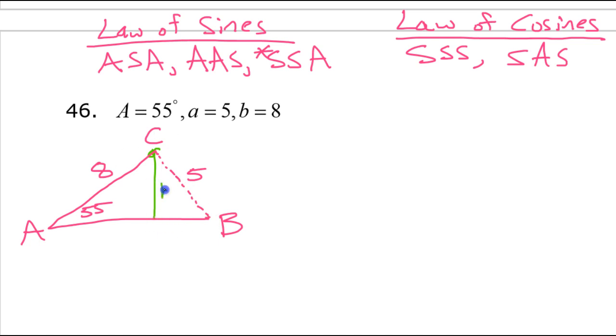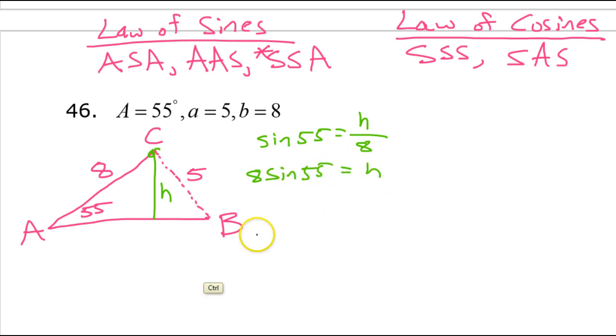So if this is the height, then if I were to do the sine of 55, that would be opposite over hypotenuse, right? So that would be h over 8. Multiplying both sides by 8, I get 8 sine 55 is equal to the height.